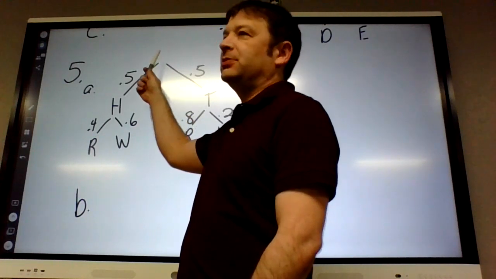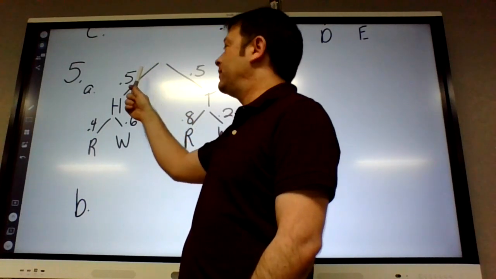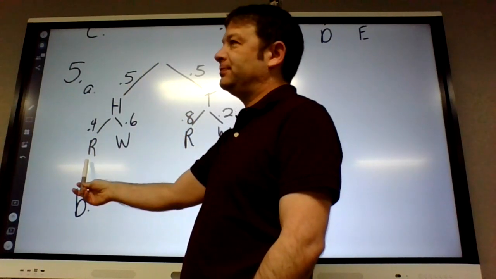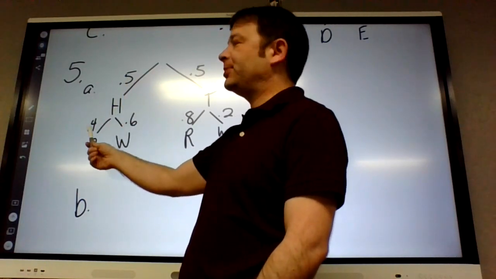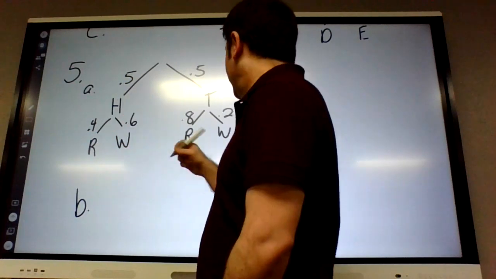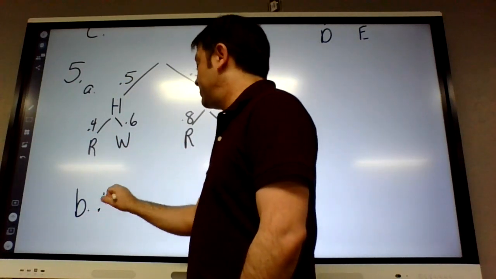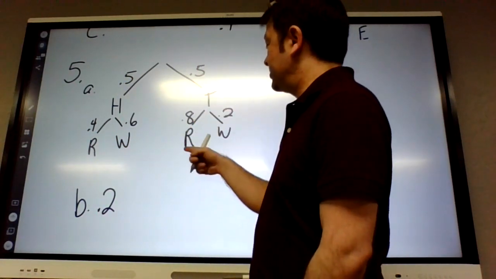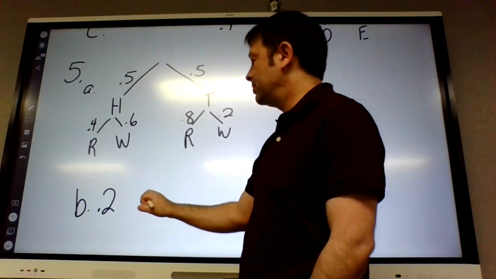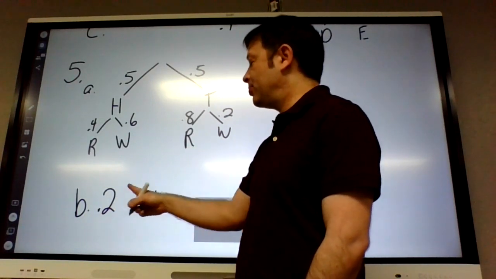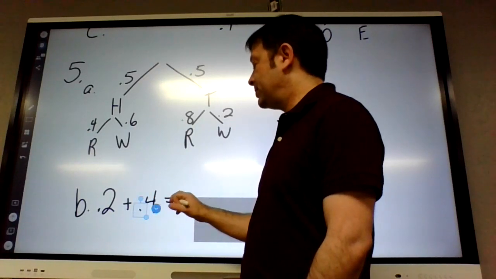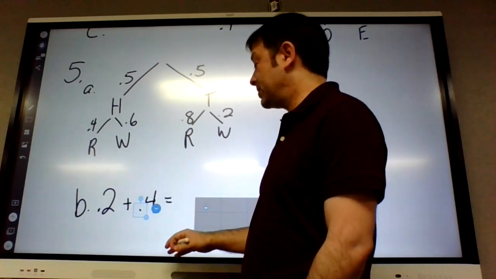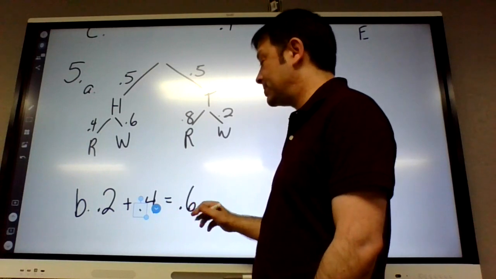Okay. What's the probability of heads red? 0.2. 0.5 times 0.4. Okay. What's the probability of getting tails red? 0.4. What's the probability that that or that will happen? 0.6. Okay, if you have 2 separate things that could happen, you just add them together. You have a 60% chance of getting red.